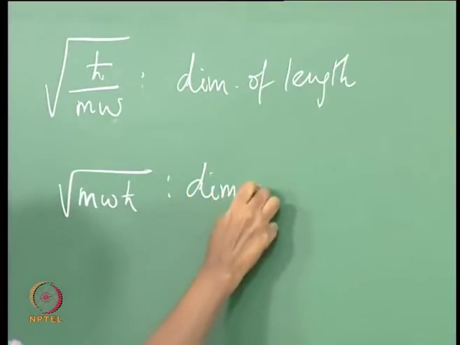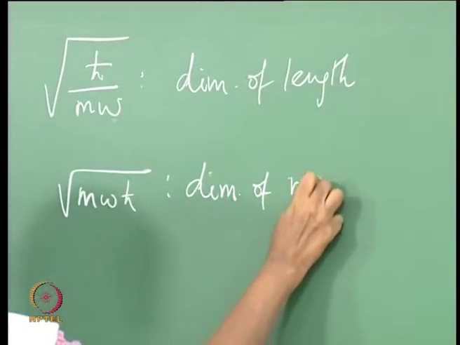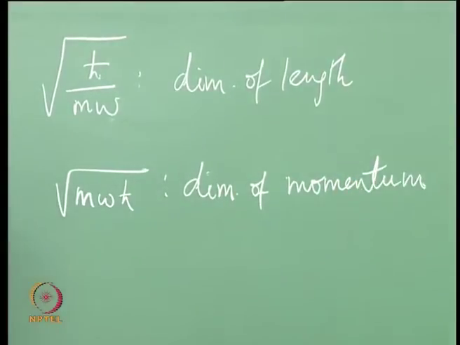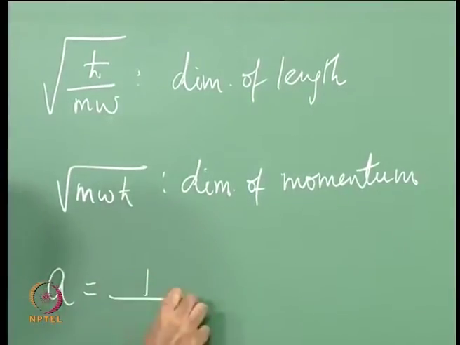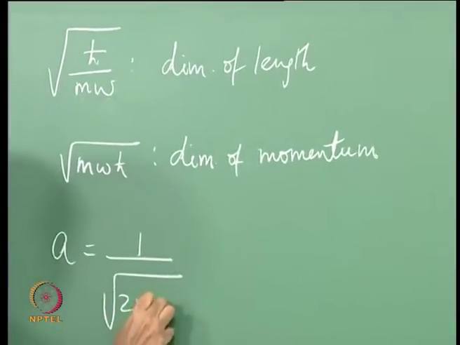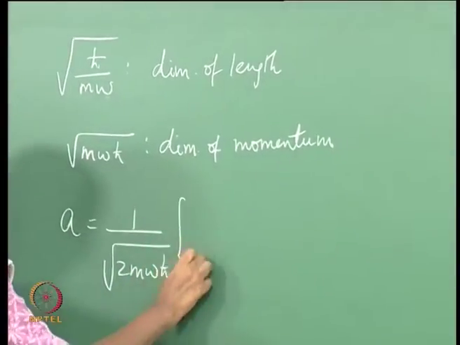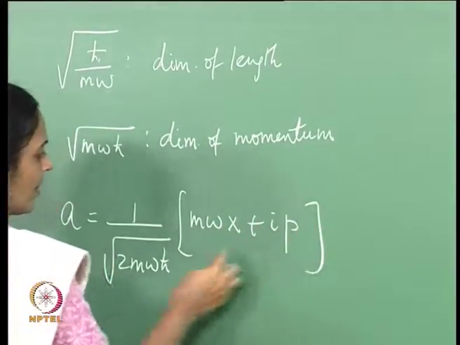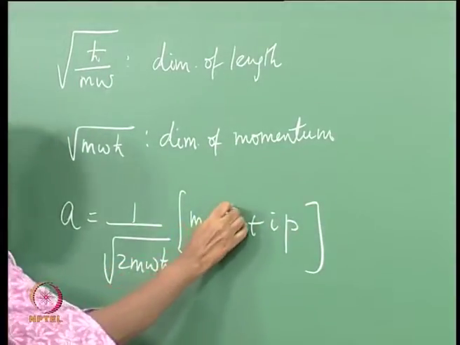Root of m omega h cross has dimensions of momentum. So if I remember this, I write A as the combination. I have removed the caps of the operators.